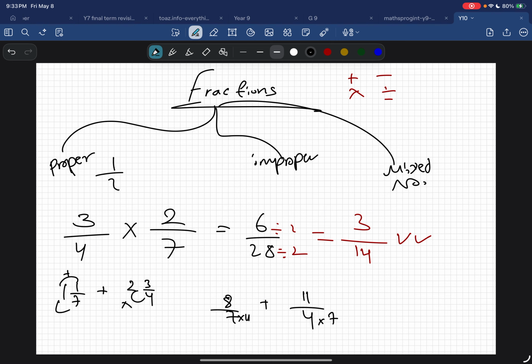And whatever you do down, you do up. Similarly, this will give 32 up, 28 down, plus 77 over 28. Now having the same denominator, I can add. 109 over 28.